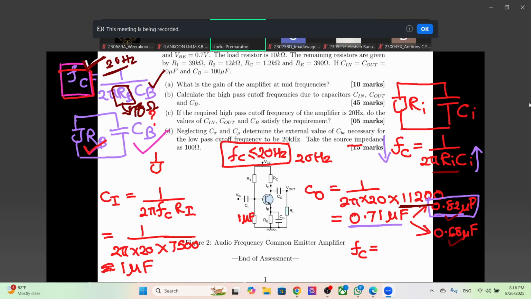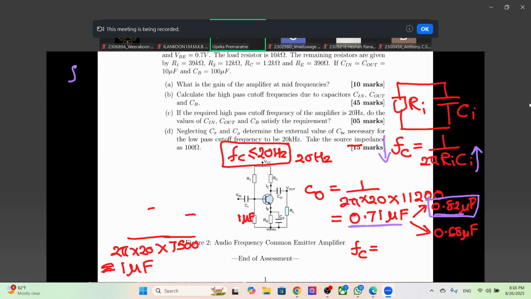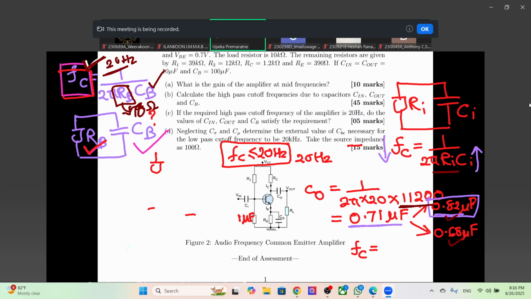Okay, right. So now we have the cutoff frequency. We are trying to find the value for the bypass capacitor that will give us a cutoff frequency of 20 hertz.